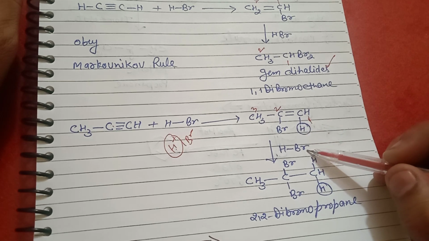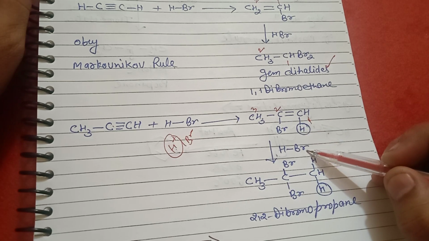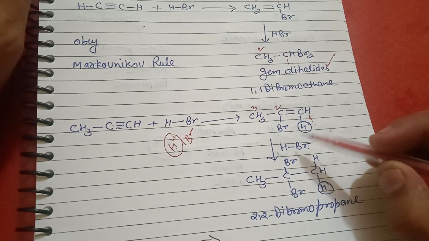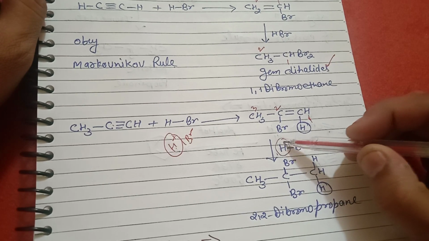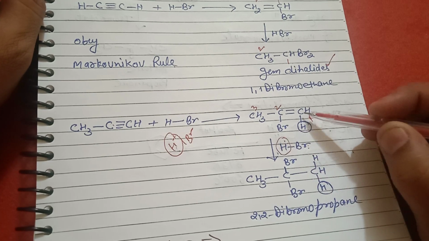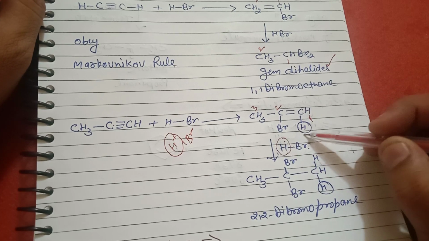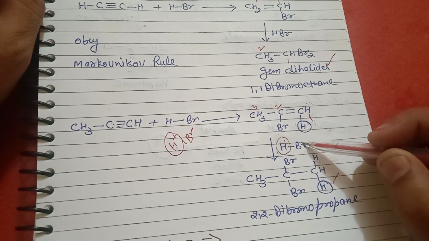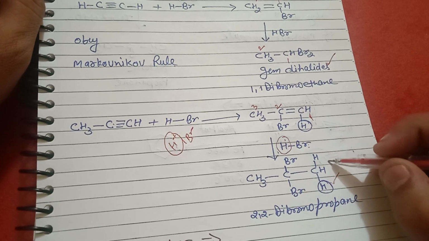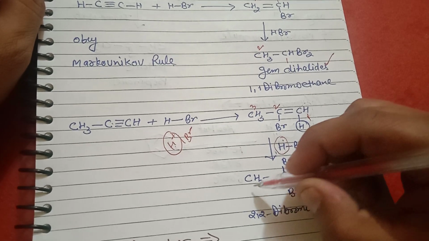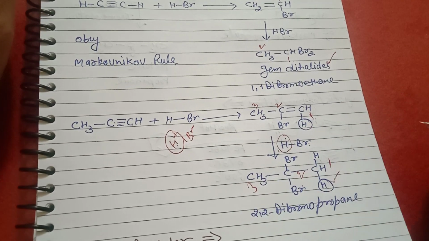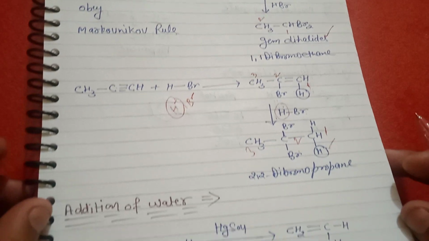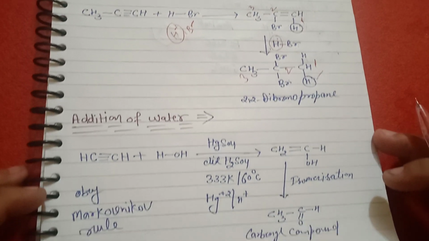Another time we add HBr, it also obeys Markovnikov's rule. So the hydrogen goes to the carbon with more hydrogens, and Br goes here, giving 2,2 dibromopropane. It obeys Markovnikov's rule.